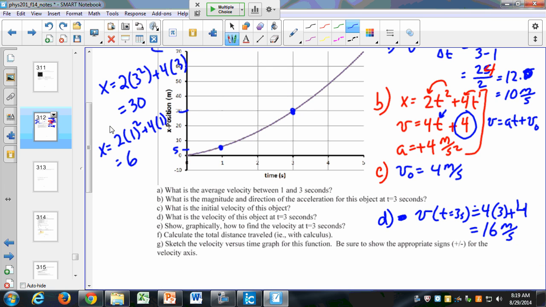All right, and then how would you find the velocity graphically? Like if I just gave you the graph and you didn't have the function, how would you find it? Here, go ahead and try it out in your book. If you have the book, you can just draw the lines on the graph.